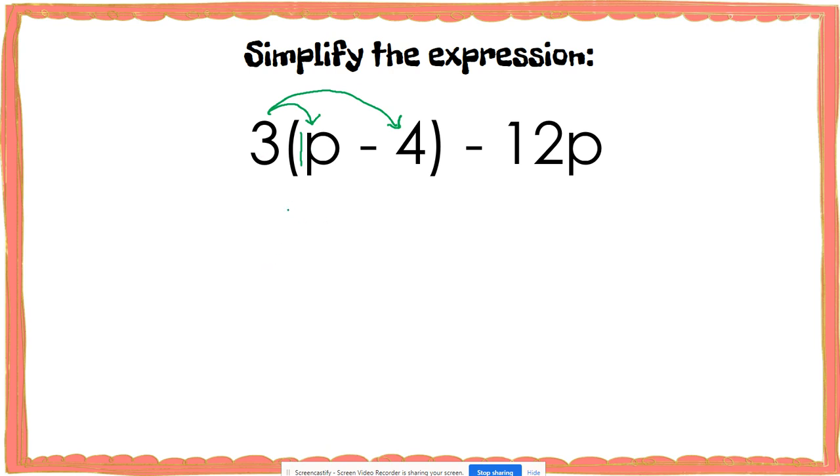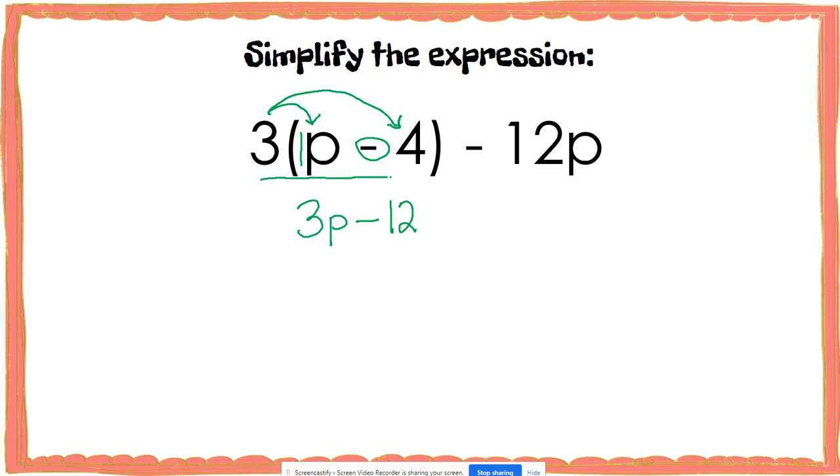So 3 times 1p is 3p. Then I'm multiplying 3 by not 4, but this minus sign tells me that it's a negative 4. So positive 3 times negative 4 equals negative 12. To show that my 12 is negative, I'm going to write minus 12 in my new expression.